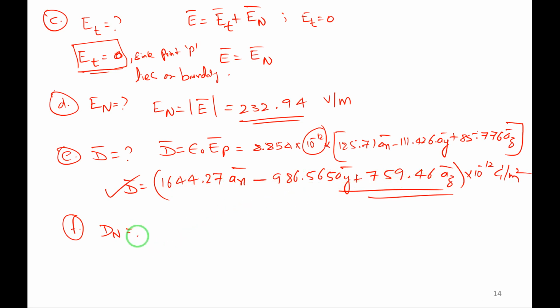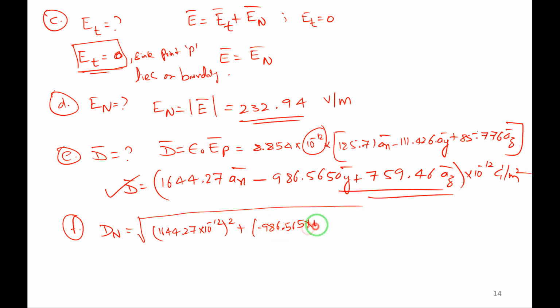Dn equal to under root of 1644.27 into 10 power minus 12 whole square plus 986.565 into 10 power minus 12 whole square plus 759.46 into 10 power minus 12 whole square. Got it? It is the normal component only, D vector is equal to Dn vector. So find the magnitude and you'll get Dn.